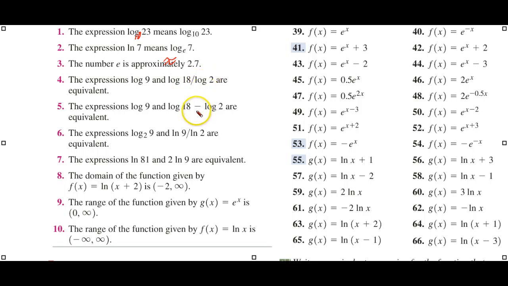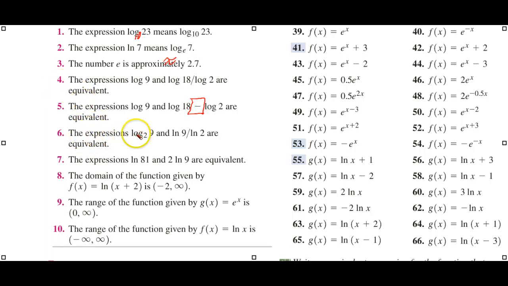Here they're subtracting. So this is what makes it true in statement 5. Here we're dividing. Here we're subtracting. Big difference. Again, the only statement that was false was number 4.